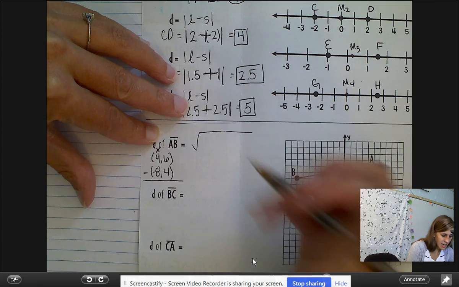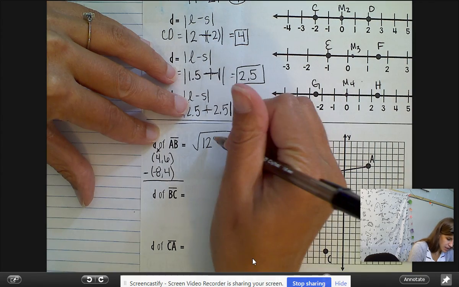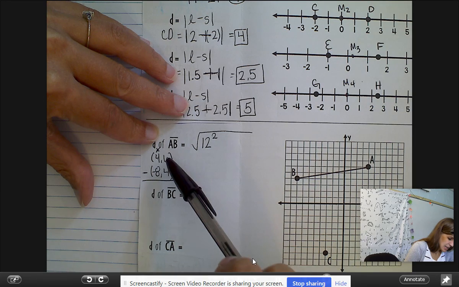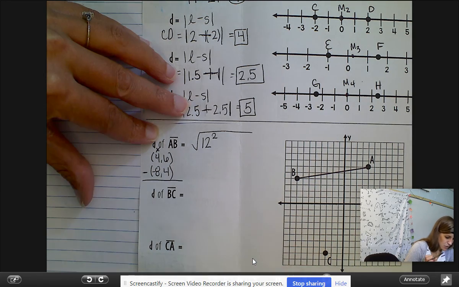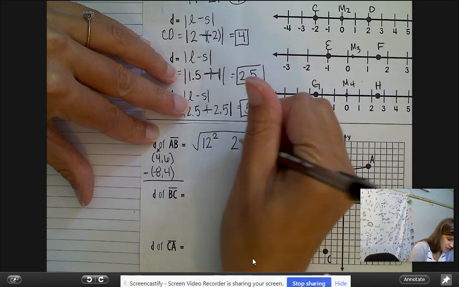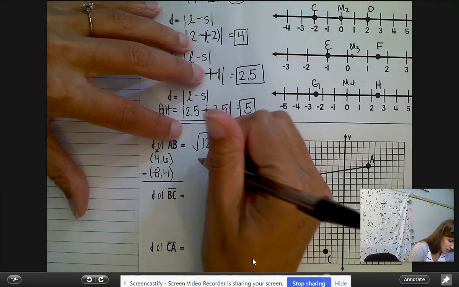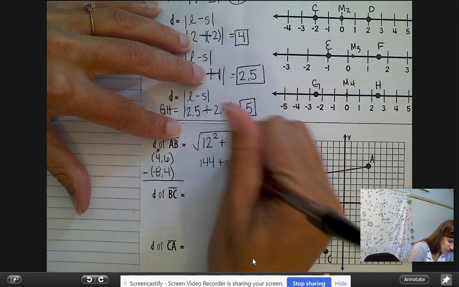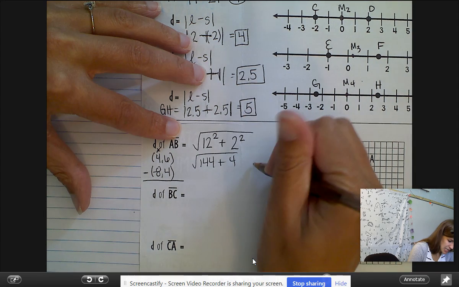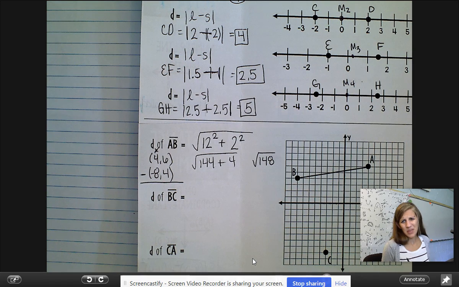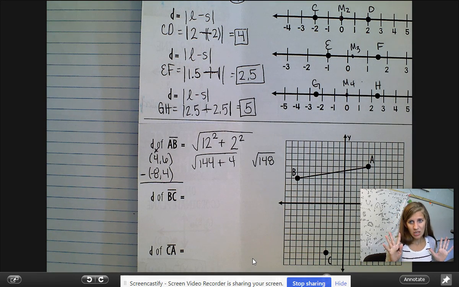So I'm really going to add for 12, and then I square it. Then I subtract these two for 2. And then I square it. Now I have to square them. So 144 plus 4 is 148. And I don't know the square root of that. It's like 12-ish. But I don't know.